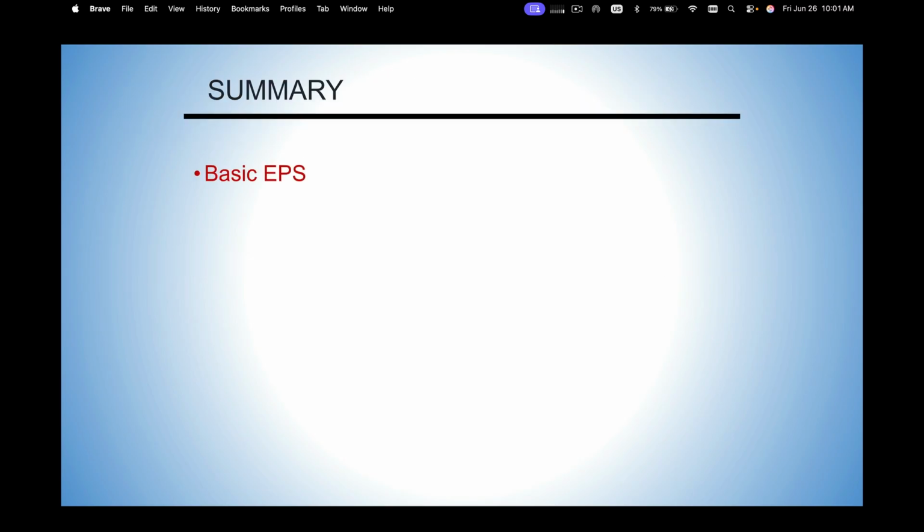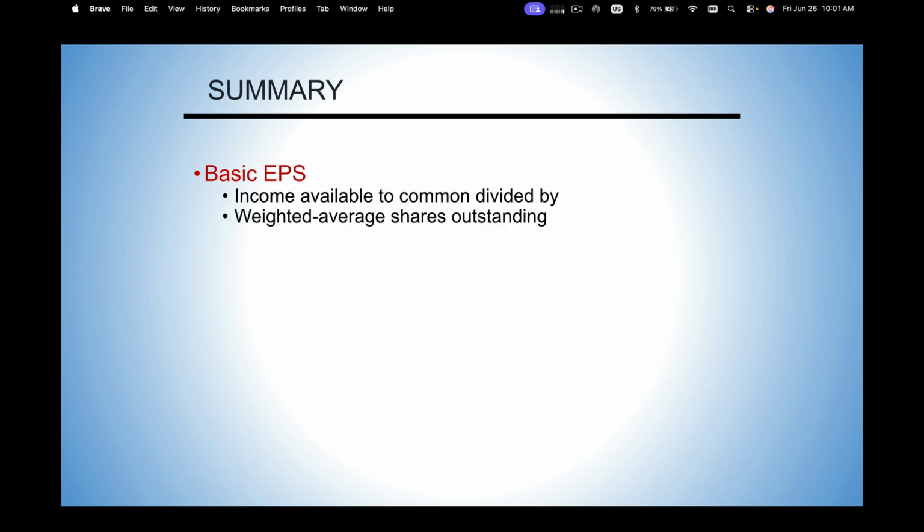In summary, every company must report basic earnings per share. It's income available to common divided by weighted average shares outstanding. Companies that have potentially dilutive securities must also report diluted earnings per share.